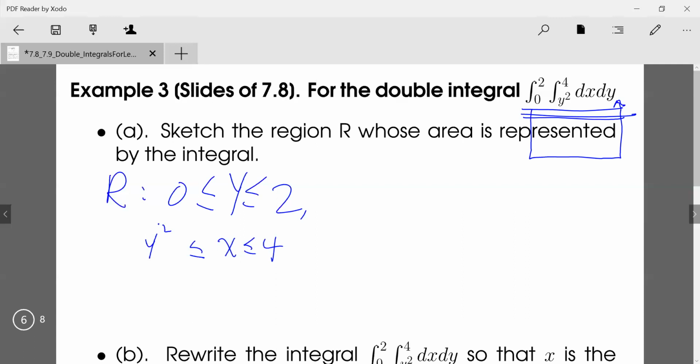So what is the region? How is this defined? What does this region look like? Well, y is here between 0 and 2. Okay, so let's plot this one. Here's 1, 2, so y is here.